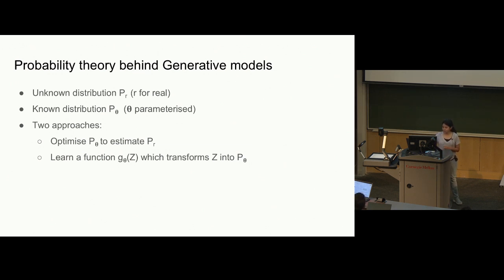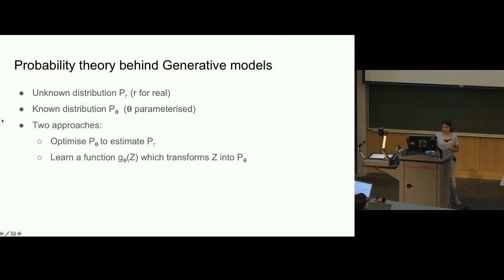And we will have to learn this differentiable function P_theta so as to model or approximate P_R closely with it. By optimizing this P_theta distribution, how will you approximate P_R? How can you make one probability distribution come closer to another to approximate it? One way of doing it is optimizing it using maximum likelihood estimation.